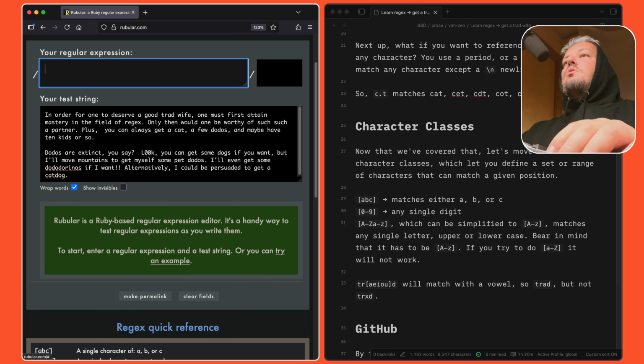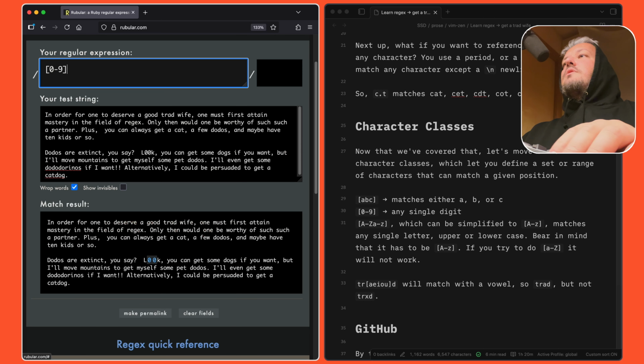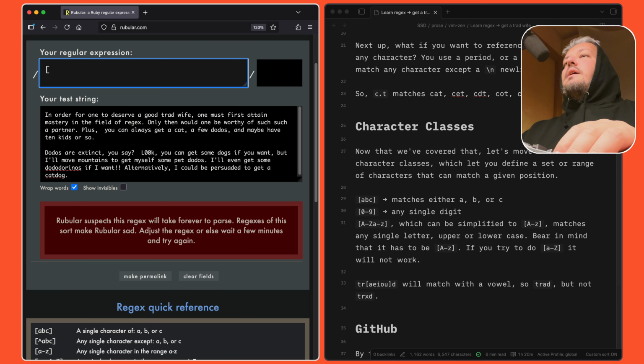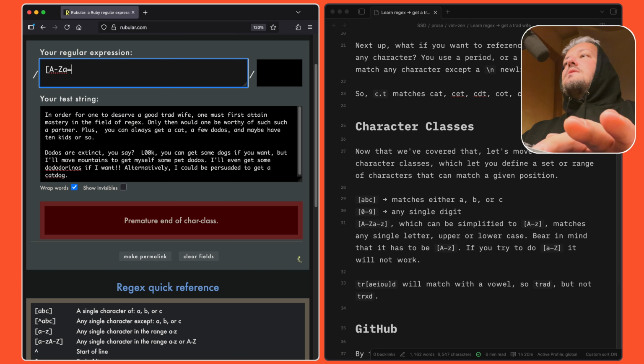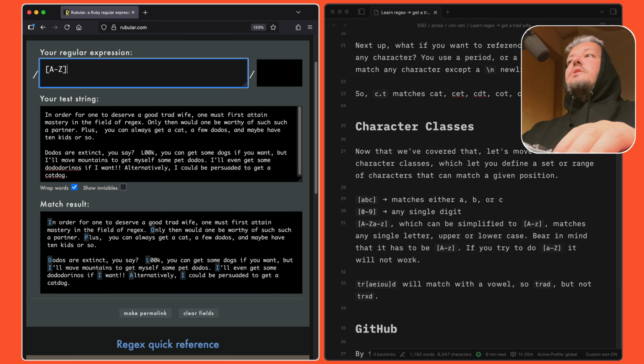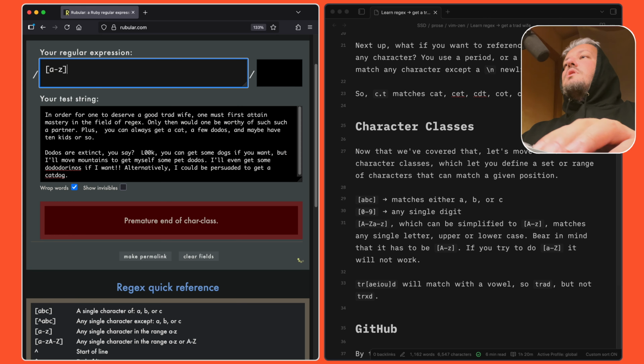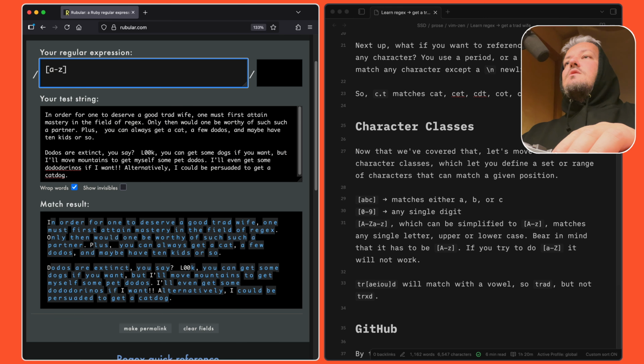Now, if we do 0 to 9, for example, it will match any digits separately. So it matched the zeros in look. Now next we can do something like this, where it matches all the capital letters in your string. And of course you can do all the lowercase letters as well.